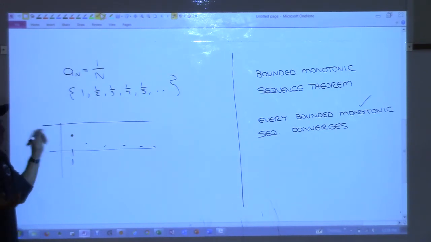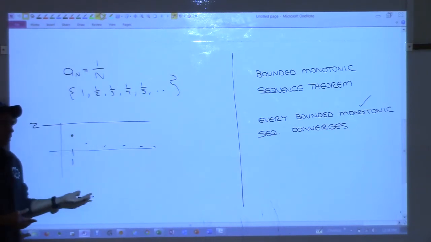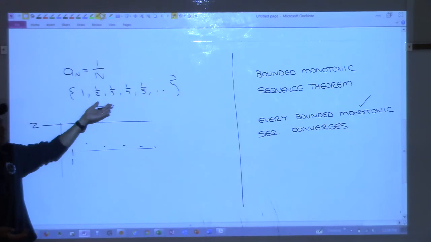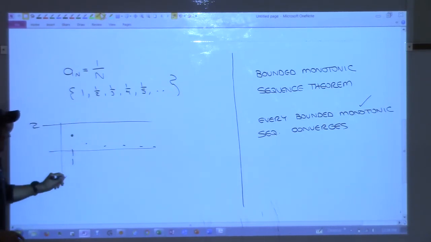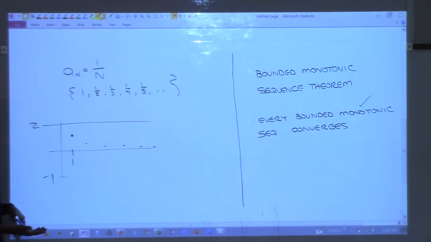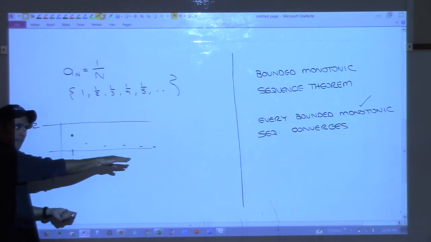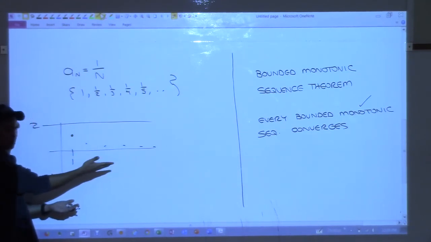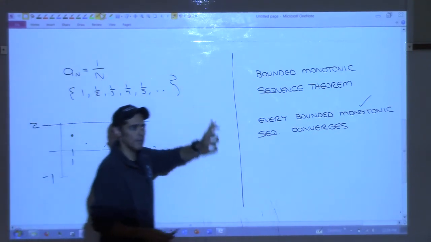So how about 2? 2 is a number that's bigger than all of those, right? So it's bounded above. Is it bounded below? Yeah, it never gets to 0, right? I mean, it heads towards 0, but it never gets there. So you could use -1 as a lower bound. So you have a bounded sequence, and it's monotonic. It has to head somewhere. Where's it heading? It's heading towards 0, right? These numbers are headed towards 0.